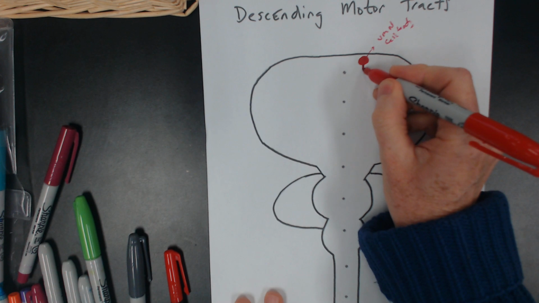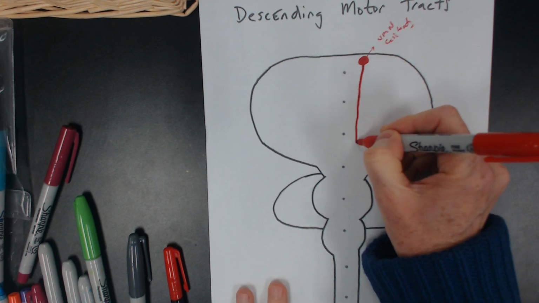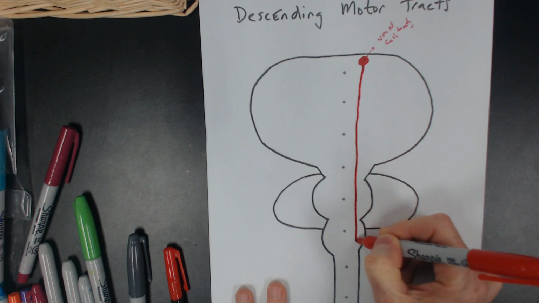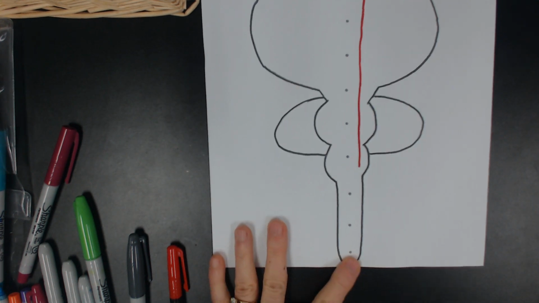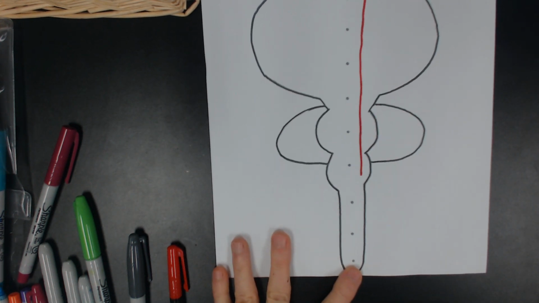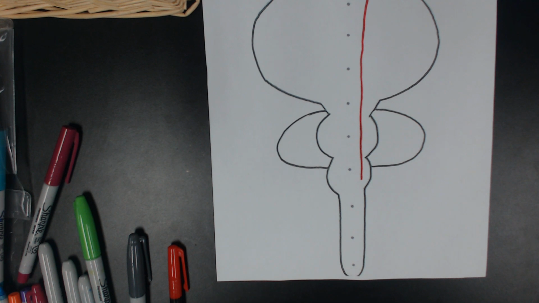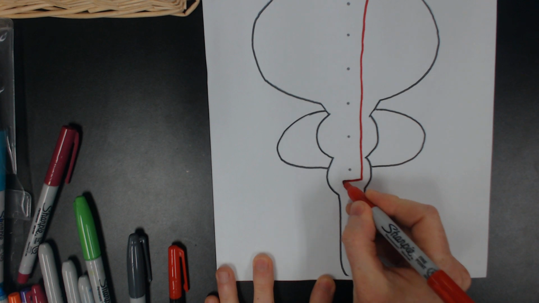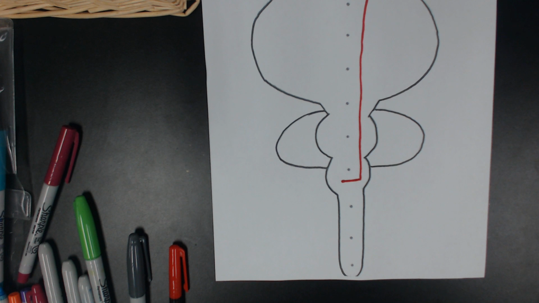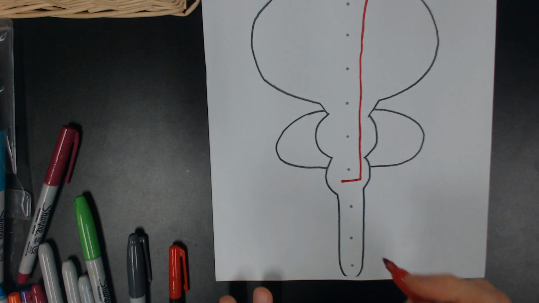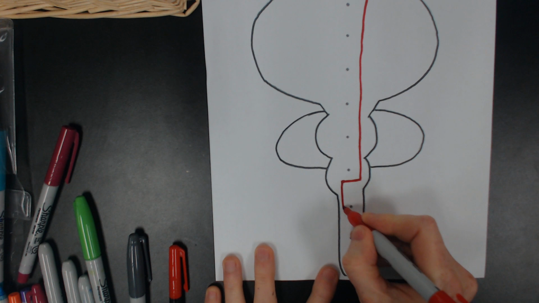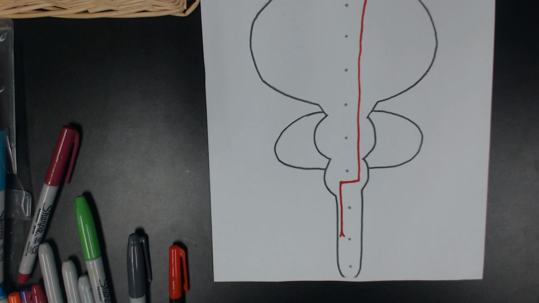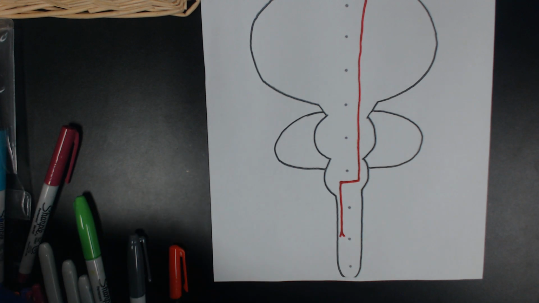That axon is going to travel down through the midbrain, through the pons, all the way down to the level of the medulla. Okay. When we get to the level of the medulla, we're going to decussate to the opposite side. Okay, and then the axon continues on down, and at the appropriate spinal level makes a synapse with the lower motor neuron.